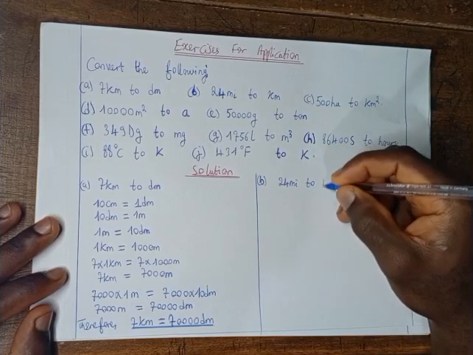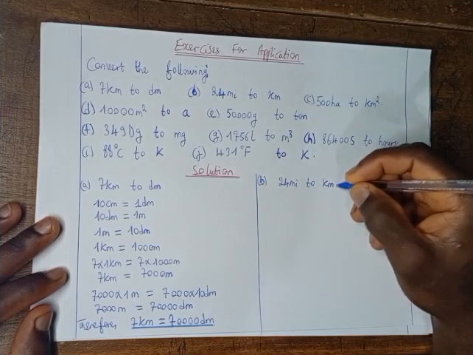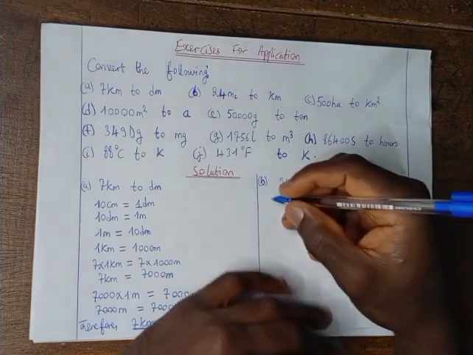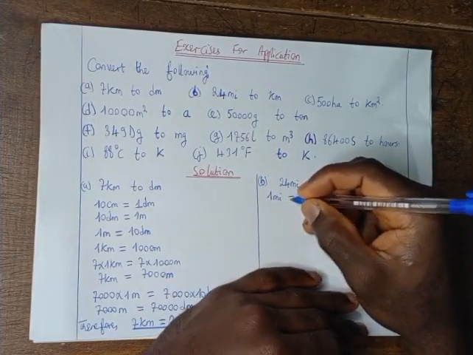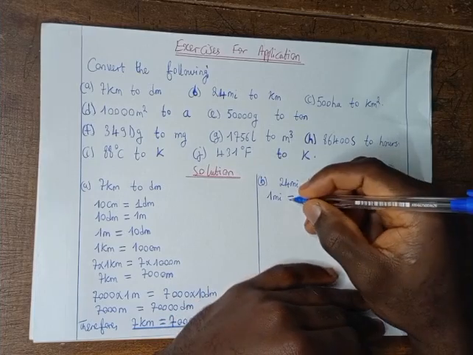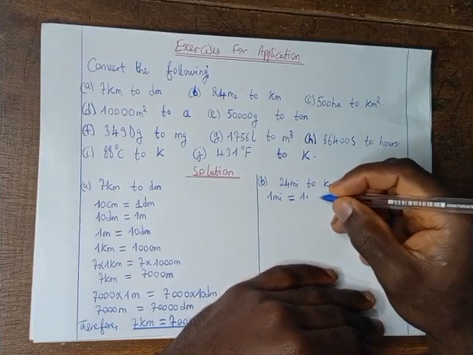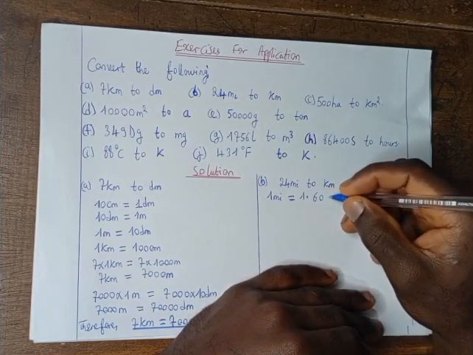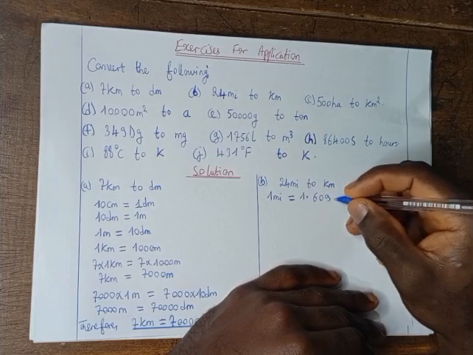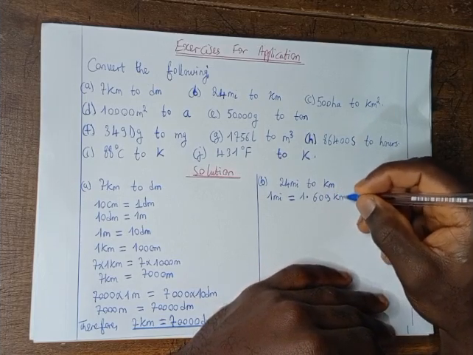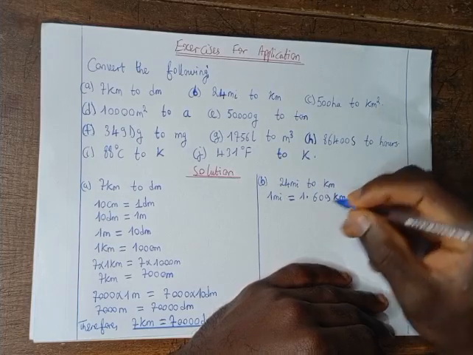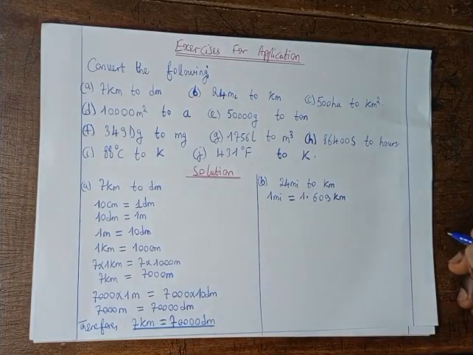kilometers. First, we know that 1 mile is equal to 1.609 kilometers. 1 mile is approximately 1.609 kilometers.